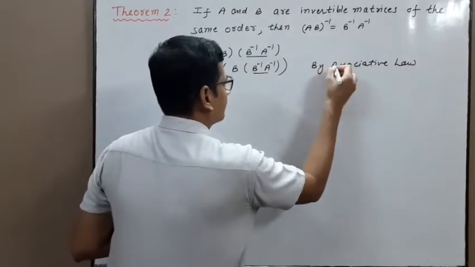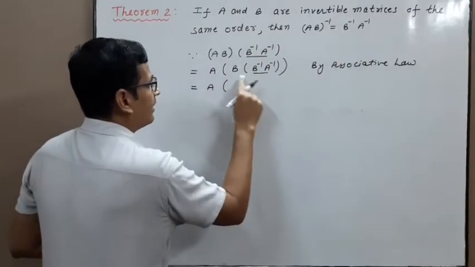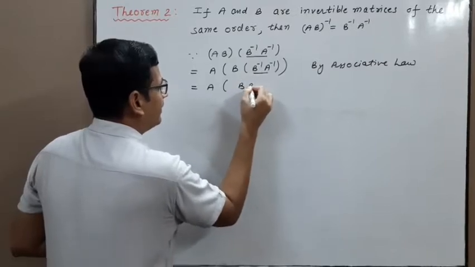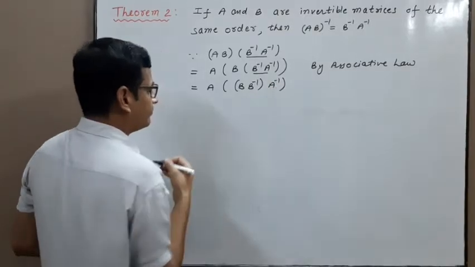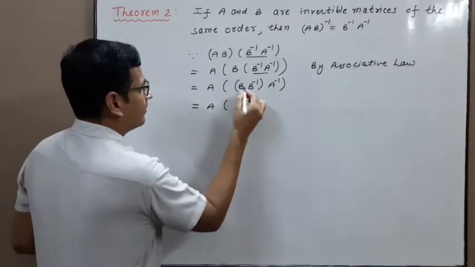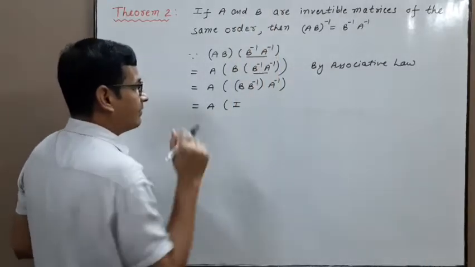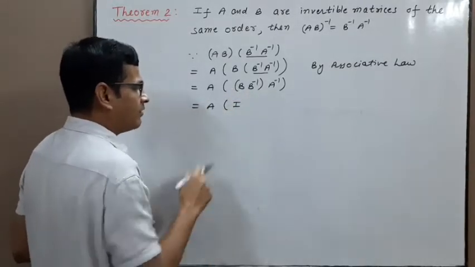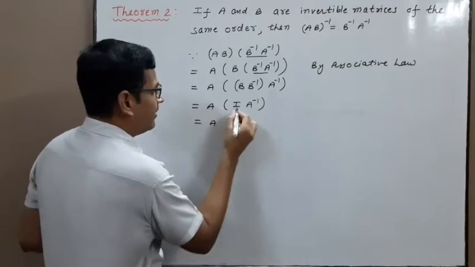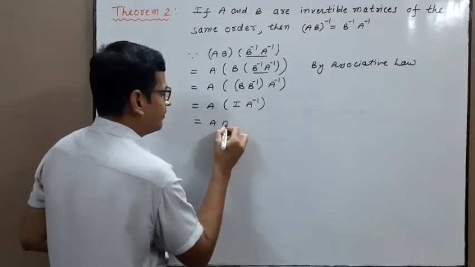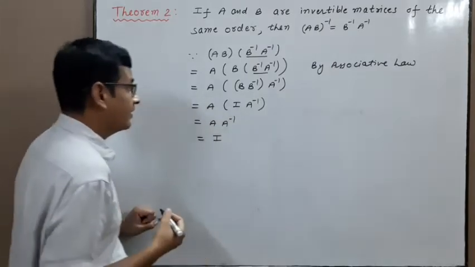Next step, A. Now again apply associative law. Change the bracket. B inverse into A inverse. A identity matrix, B into B inverse. Because A and B are two invertible matrices, so A into A inverse equal to I, or B into B inverse equal to I. I into A inverse equal to A inverse, and A into A inverse equal to I.